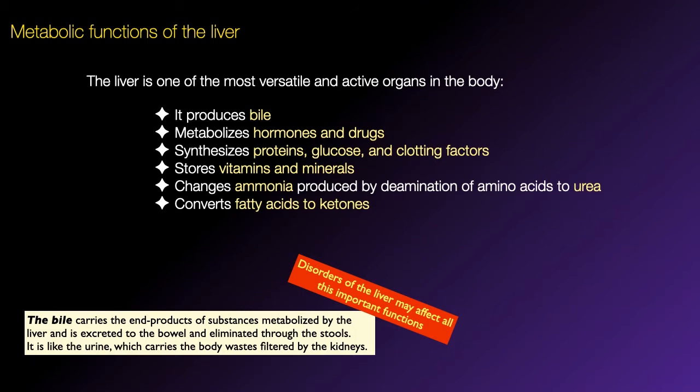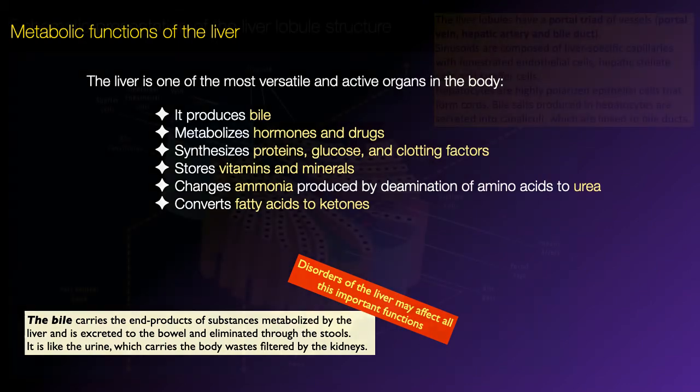It synthesizes proteins, glucose, clotting factors, stores vitamins and minerals, converts ammonia into urea for its excretion, and converts fatty acids into ketone bodies. We will come to this again with the lecture on diabetes. So the end products metabolized by the liver are the ones that are used to make bile.